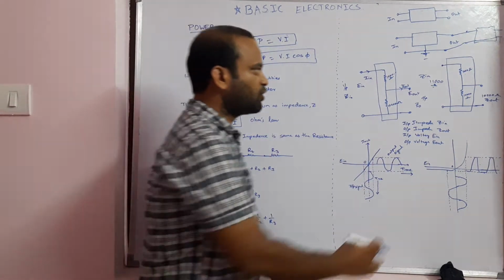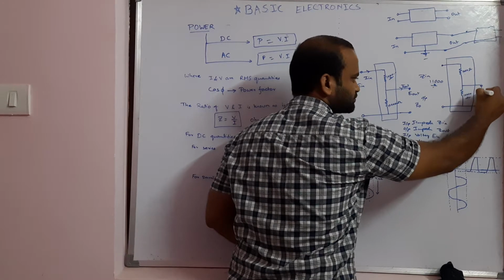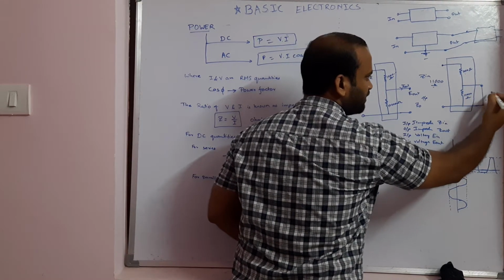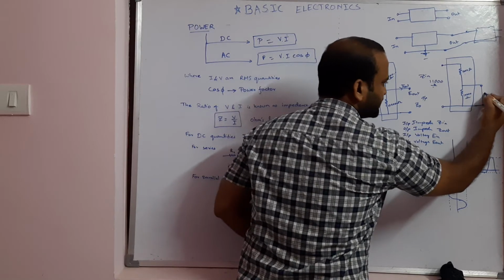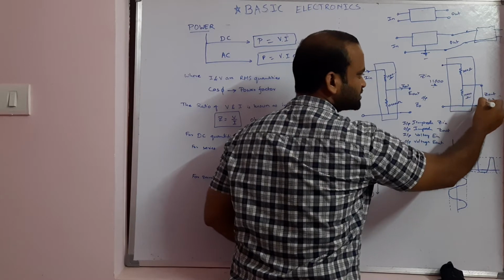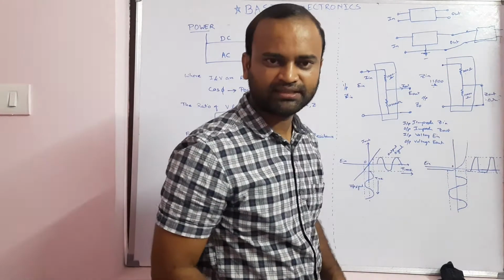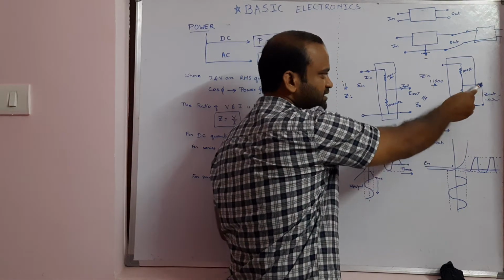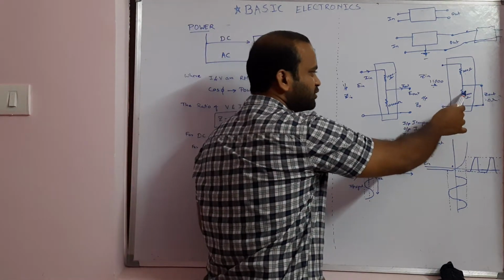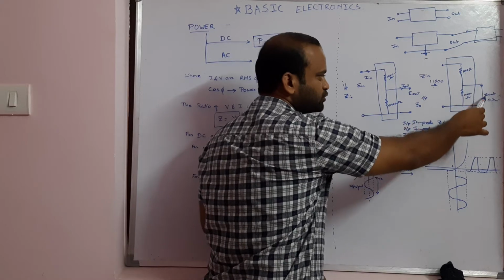Now if we short circuit this, our output impedance, Z out, becomes 0 ohms because there is no resistance. This is a short circuit path, that is a 0 ohm resistance path is added across the output terminals. Then this particular resistance is bypassed and current is flowing through this path.